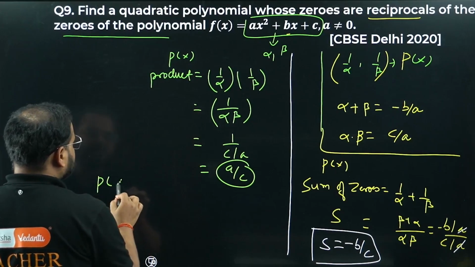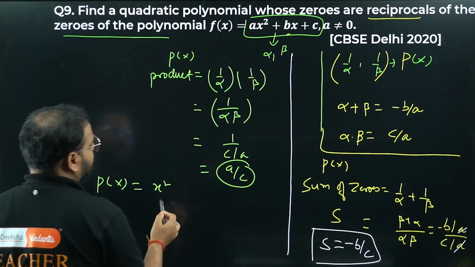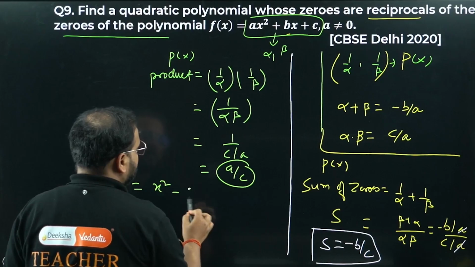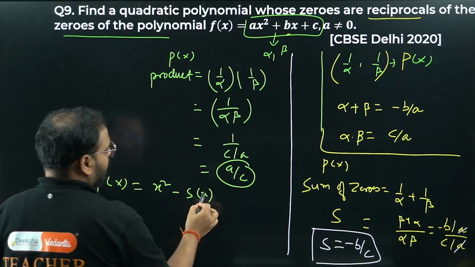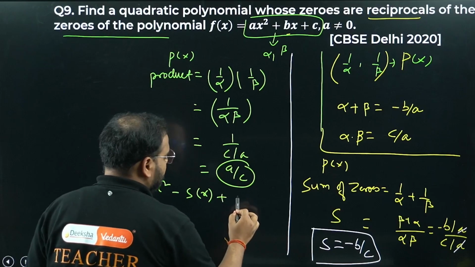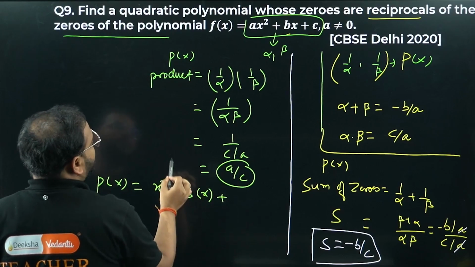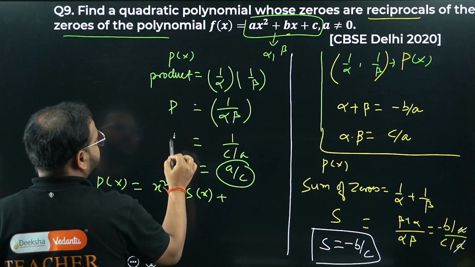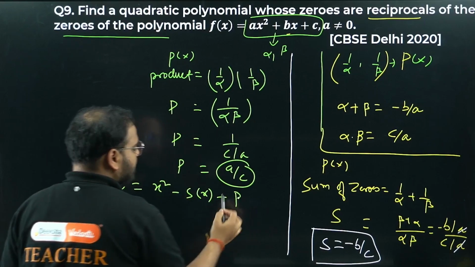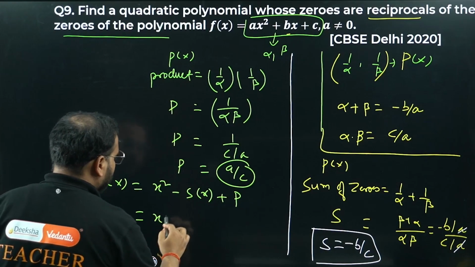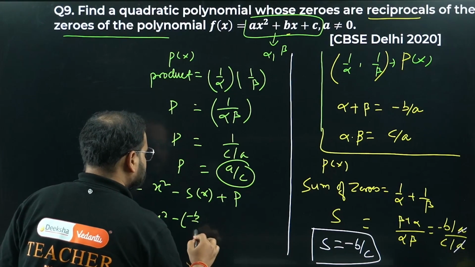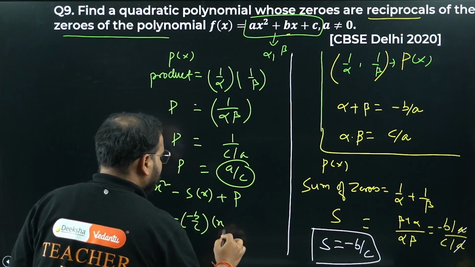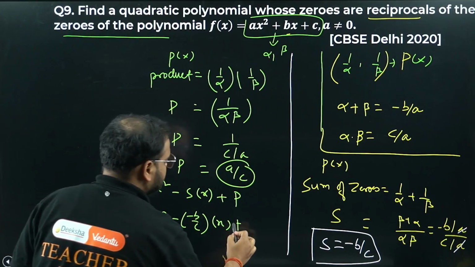I can write P of x as x square minus S, the sum, times x, plus the product. Let's call the product P. Put the values now. So x square minus, sum is minus b by c, so minus (minus b by c) times x, plus the product a by c.